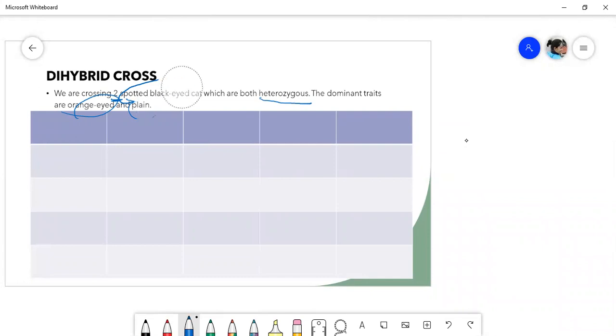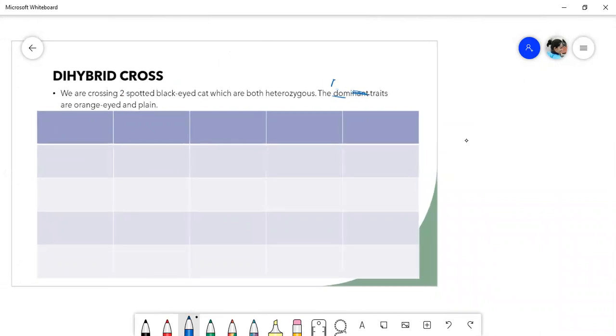Okay, so we made a mistake. Let's change this one, this should be the recessive trait.